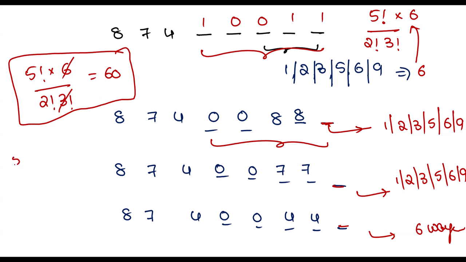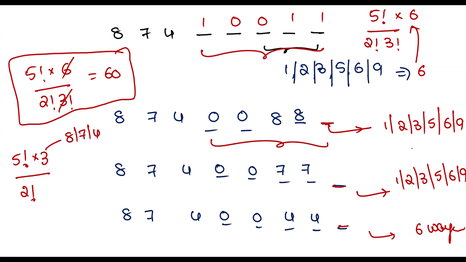5 factorial, because 874 is fixed. First 8, next 7, next 4, it's fixed. 5 factorial, okay. Divide by 2 factorial because two zeros are there, right? And it can be 8 or 7 or 4. I can fill these two slots with 8 or 7 or 4. That's why 3 into 3, because it can be 8 or 7 or 4.